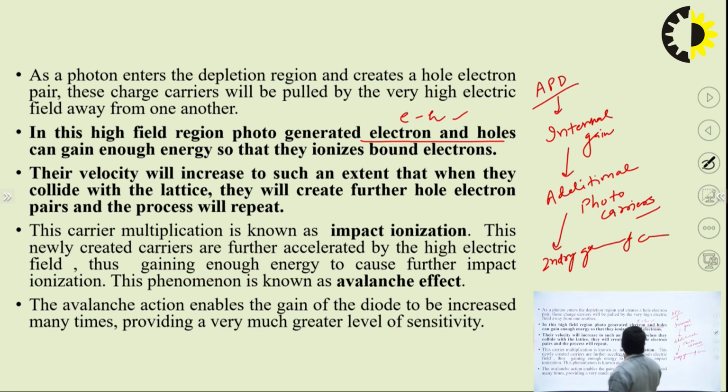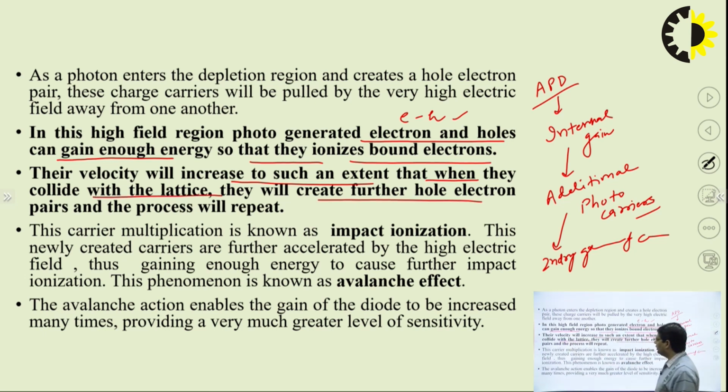Under this very high reverse bias, these generated photocarriers gain enough energy that they ionize the bound electrons, and their velocity increases in such a way that they collide with the lattice and create further electron hole pairs.